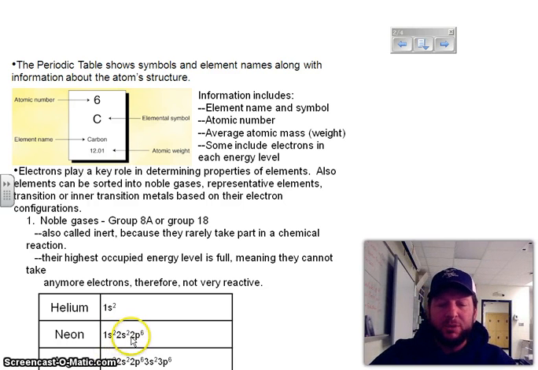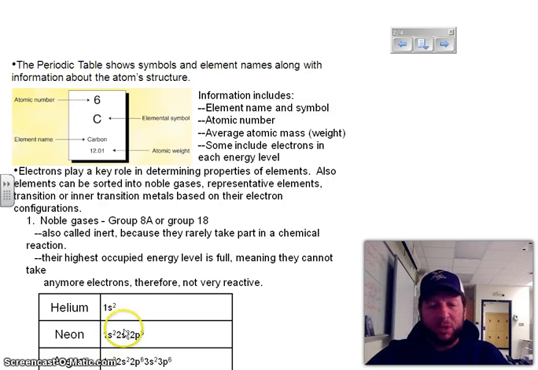If these last two numbers signify 8, that means it will not bond. Each little number there represents an electron. So neon has 10 total electrons, and they're spread out in the atomic orbitals, the S's, the P's, the D's, and the F's.